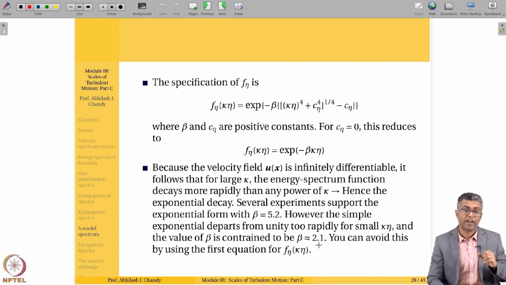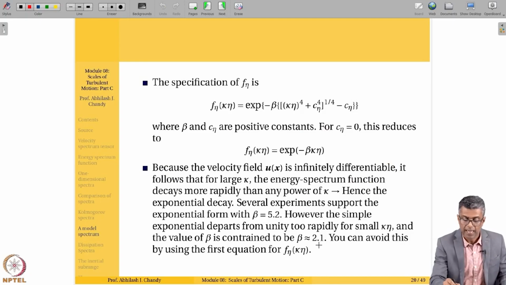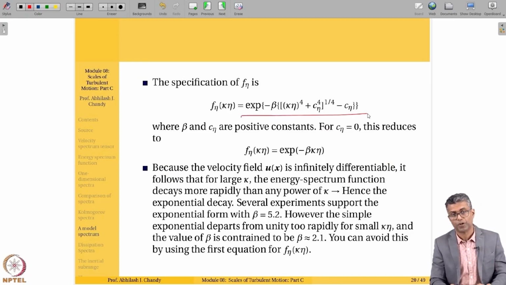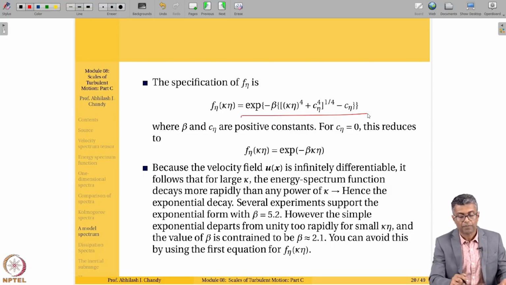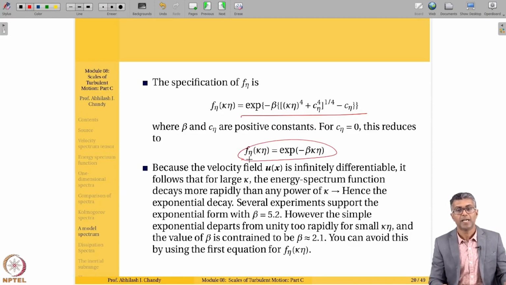Now, let's go to f_eta. f_eta has this function. It's an exponential function, where beta and C_eta are positive constants. For C_eta equal to 0, let's say you want to simplify the function, then you get this function here: f_eta of kappa eta is exponential of minus beta kappa eta.